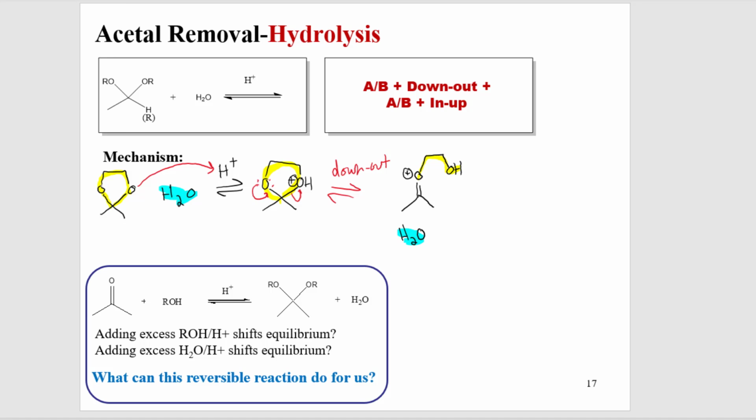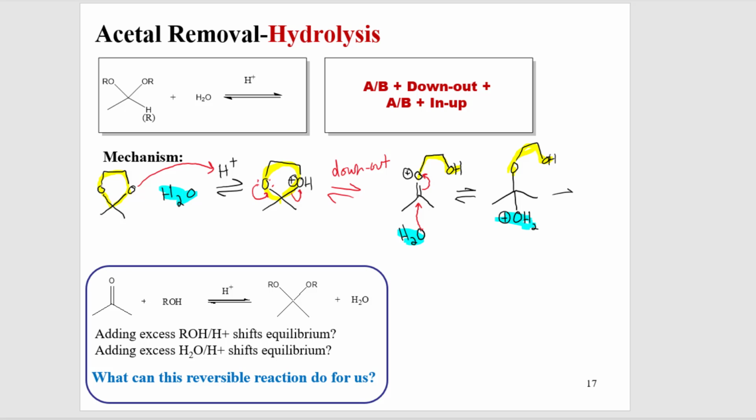So now my weak nucleophile is ready for the attack. I got lots of it, so it's going to do my in and up. You're going to end up with a series of all sorts of oxygens all over the place, and it gets confusing, which is why, again, I like to highlight what I'm driving on, driving the blue on in this case because I'm going backwards. I'm driving the acetal off.